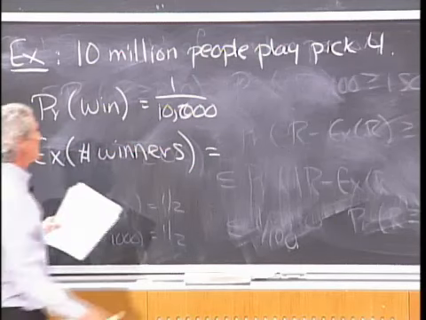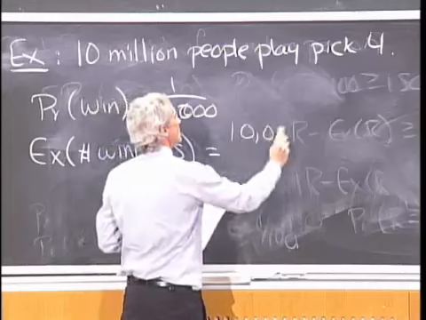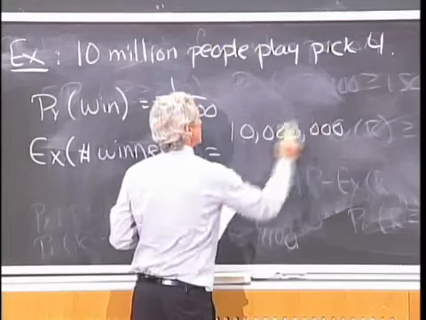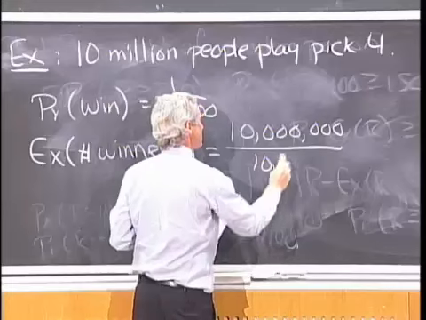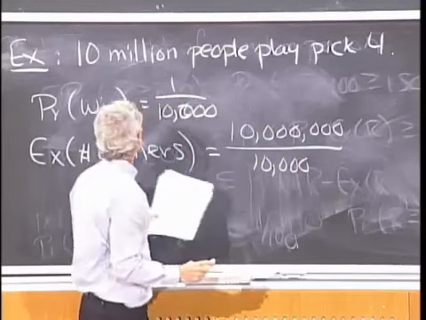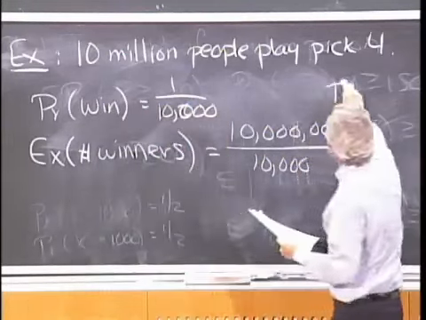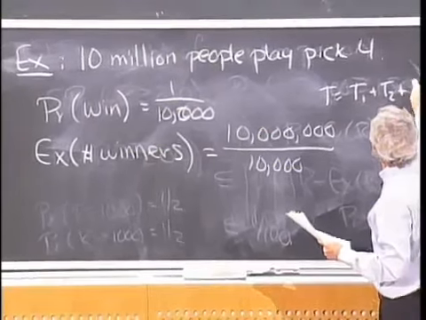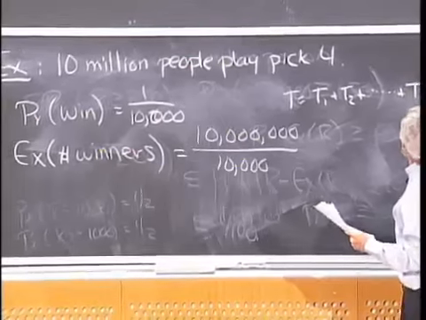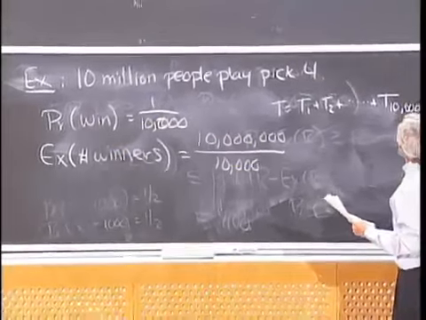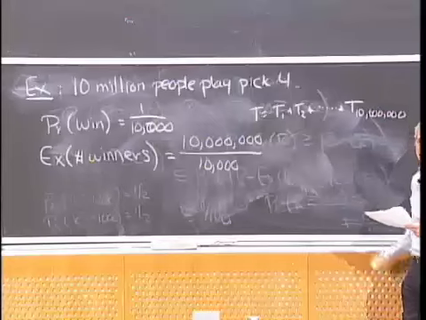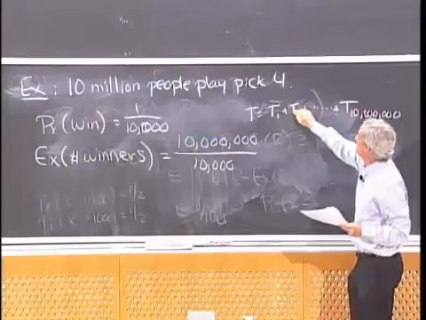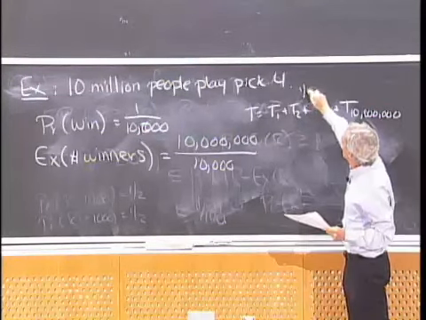10 million over 10,000, right? Because what I'm doing here is the number of winners, T, is going to be the sum of 10 million indicator variables. And the probability that any one of these guys wins is 1 in 10,000.